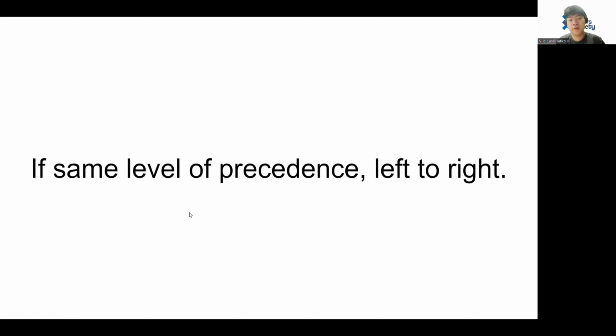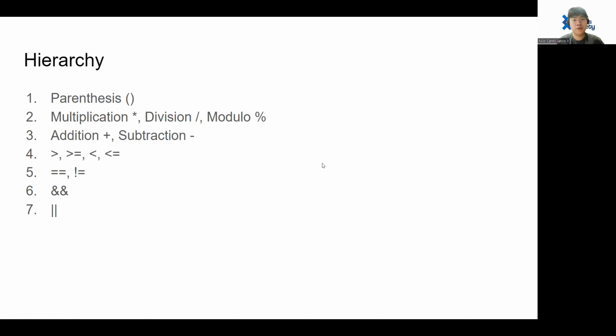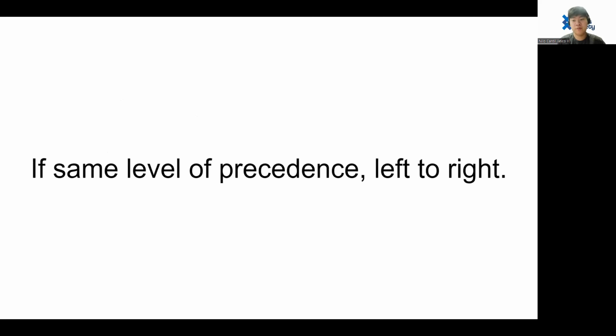And please note that if there is a same level of precedence, it's always going to be solved from left to right. So for instance, if you're going to have a series of operators that involve multiplication, division, and modulo, no matter what, you'll always have to solve it from left to right. That's the precedence.